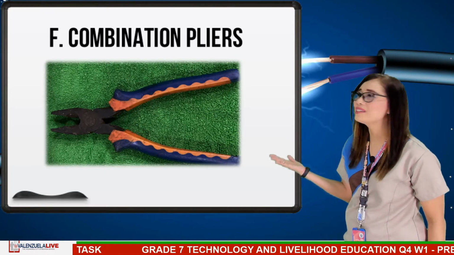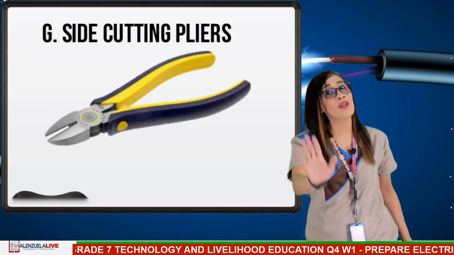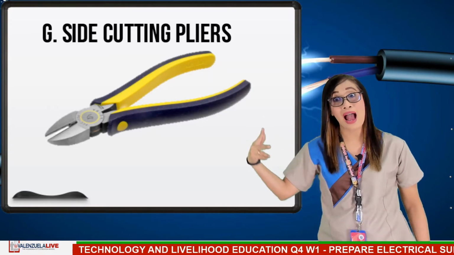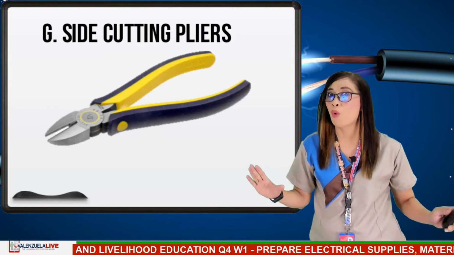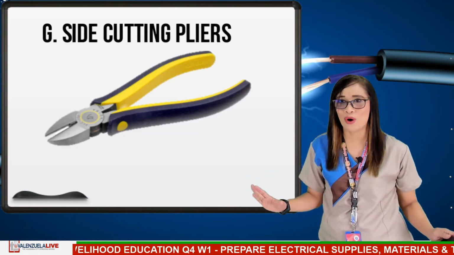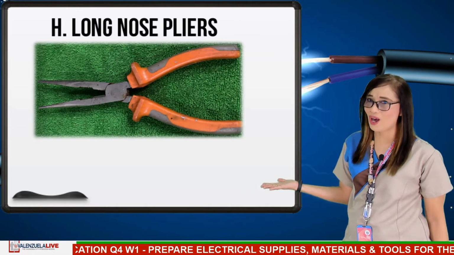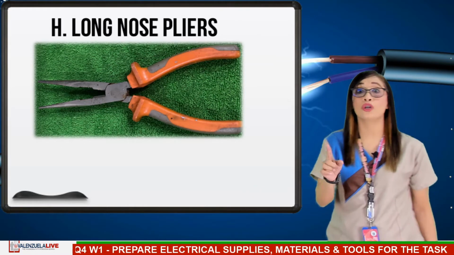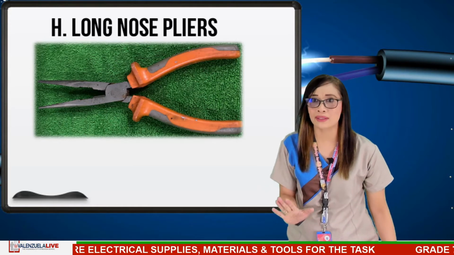Next, we'll have the side cutting pliers. This type of pliers is used for cutting fine, medium, and big wires and cables. Next, we have the long nose pliers. These are used for cutting and folding the fine wires.